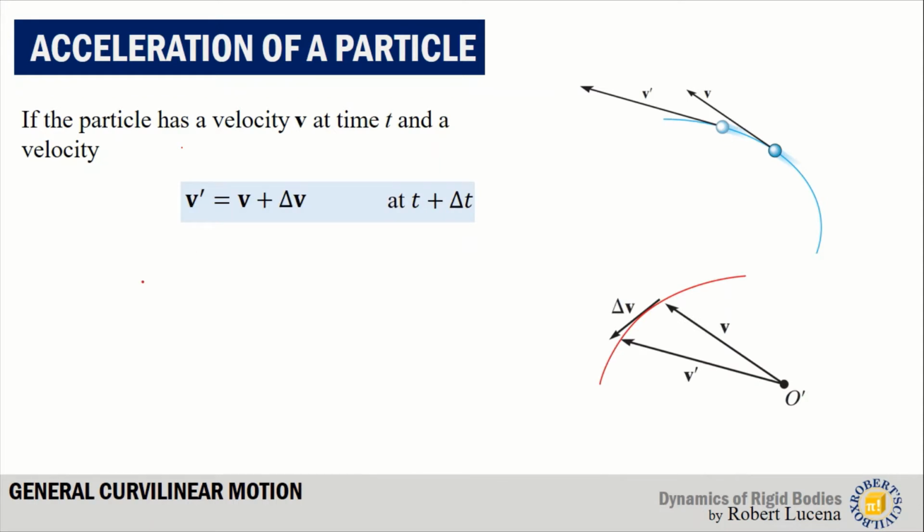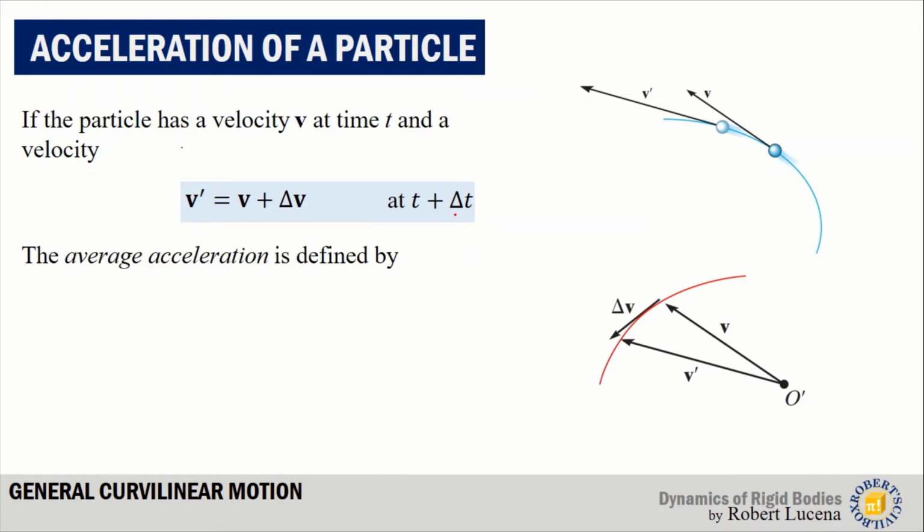We can say that v prime is equal to v plus delta v at t plus delta t. So if you have the initial condition here, the velocity of an object after some delta t increases or decreases, and it changes to v prime. The change in velocity is represented by delta v. We can now say that v prime is equal to velocity plus the change in velocity at a certain change of time.